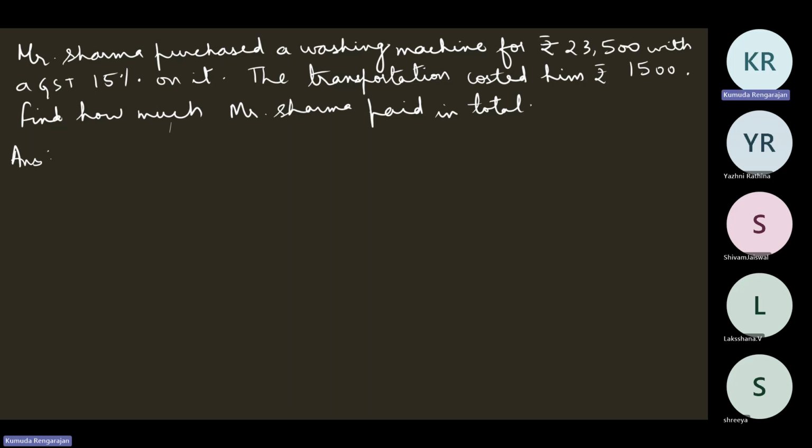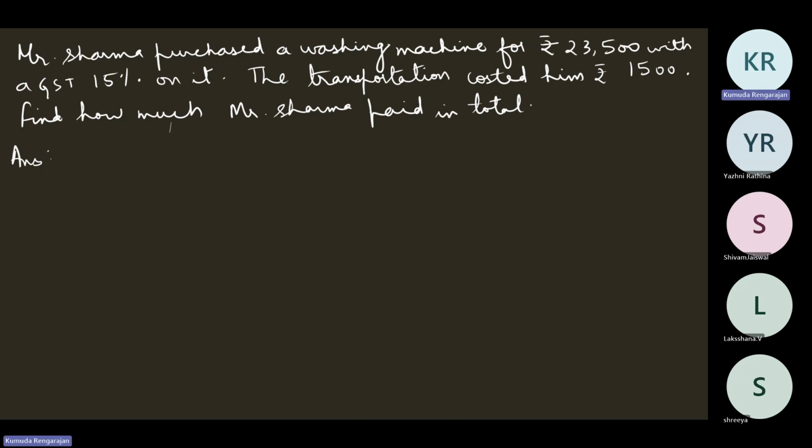If nothing is mentioned that the tax is included or not included, that means it is not included. You will have to find the tax and add it to the cost of the product. The percentage of tax will be given. Using the percentage, you should find the value of the tax in rupees and add that to the cost of the product.